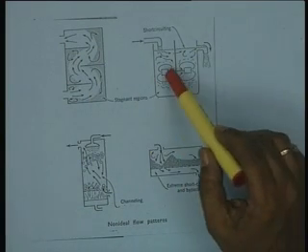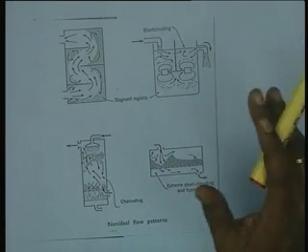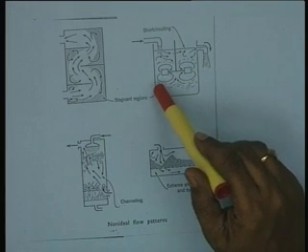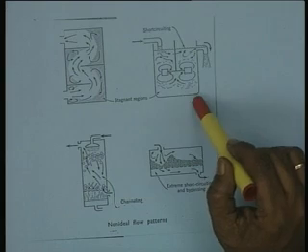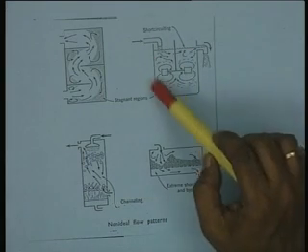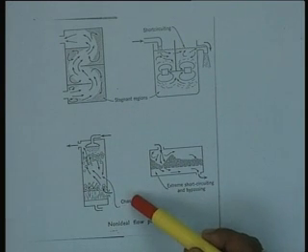Or in the case of a back mixed reactor, if the impeller is not properly designed or the mixing pattern is not properly designed, there might be some region in the reactor where the mixing is not uniform and the idea of completely back mix is not realized. Alternatively, there might be some channeling effect.